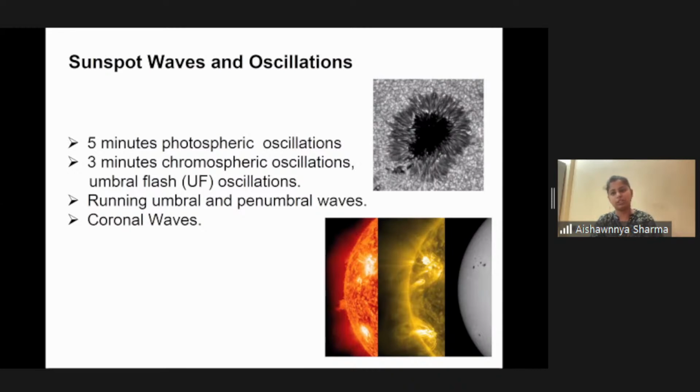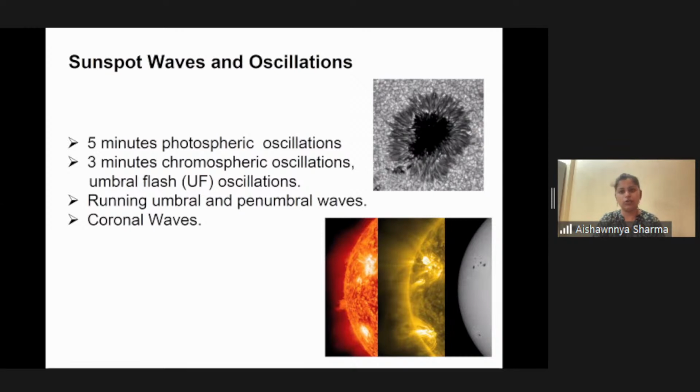Actually, these are the same sunspot, but it appears different because the strong field lines associated with the sunspot confine plasma and it appears bright. So we can see that the same sunspot appears different in different layers of the solar atmosphere. Now, as I have said, the sunspot also shows some inherent oscillations and propagation of waves.